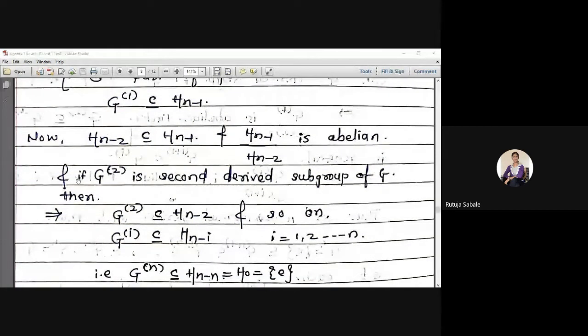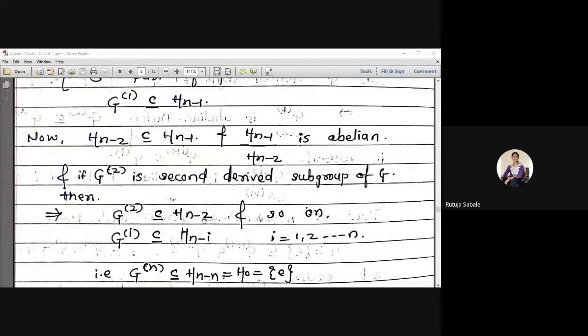Similarly, if G2 is the second derived subgroup of G, then G2 is contained in H_{n-2}, and so on. In the third part of the previous theorem, assume N is equal to H_{n-2}. So G2 is contained in H_{n-2}.